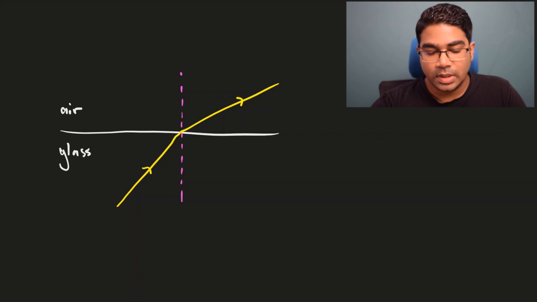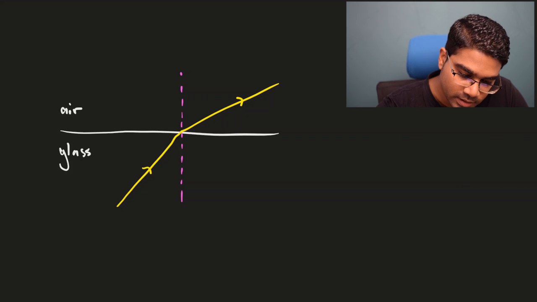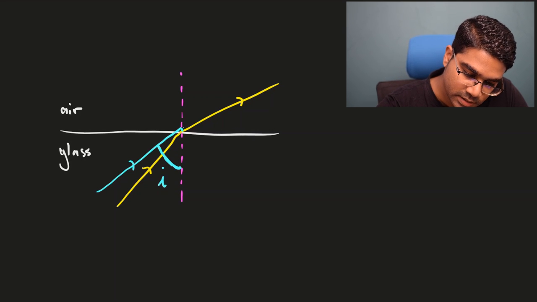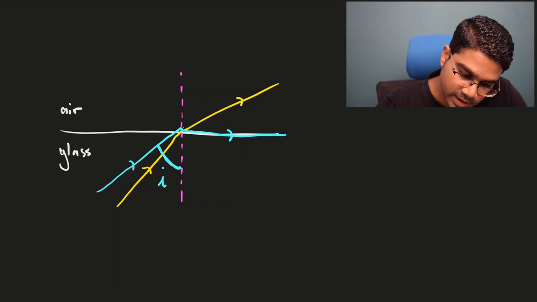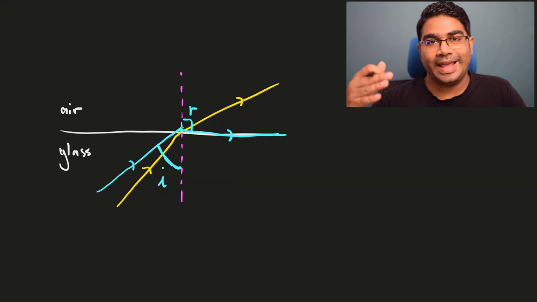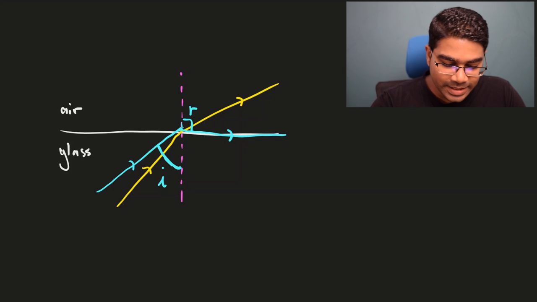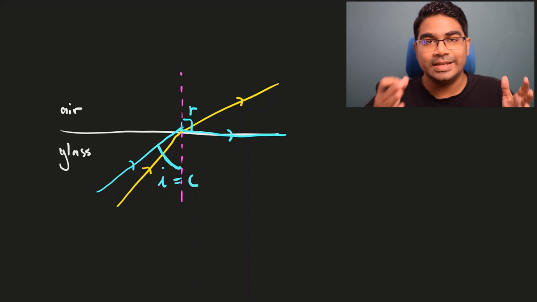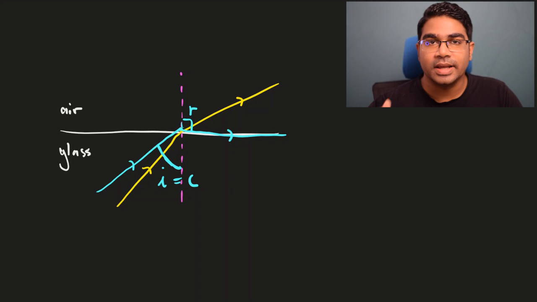So what is the critical angle? The critical angle is basically the incident angle. As the incident angle increases, what will happen eventually is the refracted angle will be 90 degrees. So this is r.